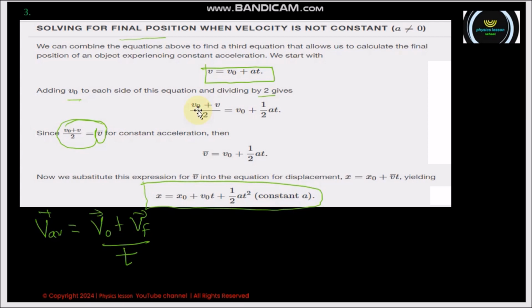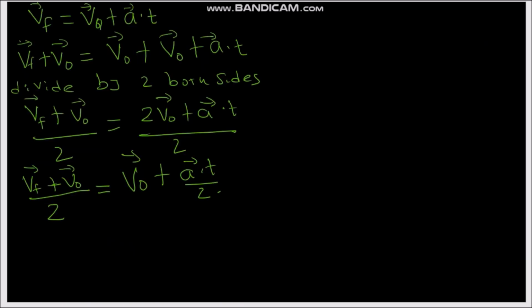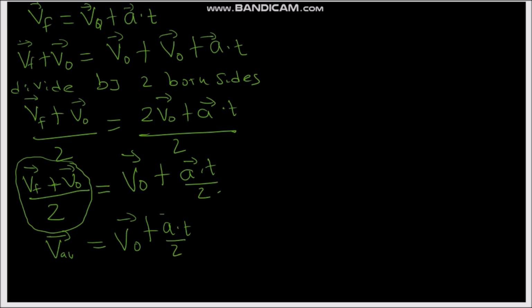Then we already calculated this equation: V final plus V naught over 2 is the average velocity. This is the average velocity, equal to V naught plus acceleration times time over 2. Until this, it's clear.